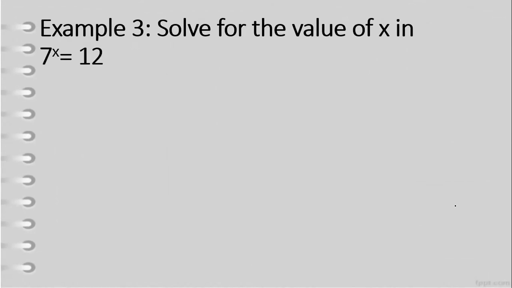Example number 3, solve for the value of x in 7 raised to x is equal to 12. We cannot find a way to make the same base. So we use the second method, which is the logarithm or natural logarithm. We use the power of logarithms: x times natural logarithm of 7 is equal to natural logarithm of 12.